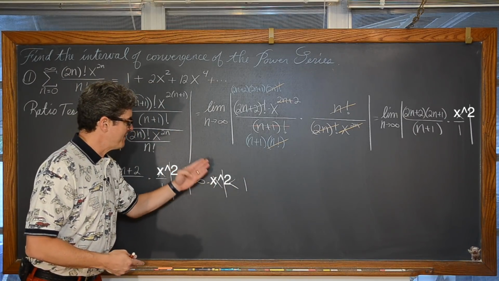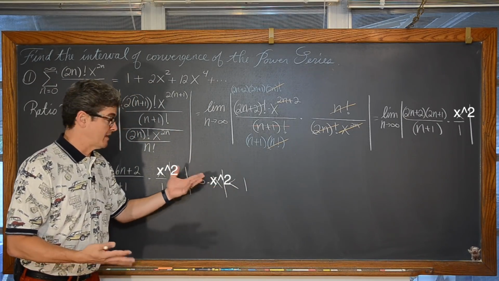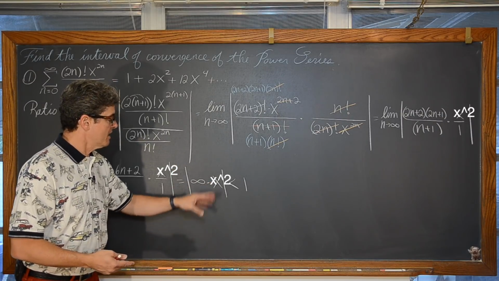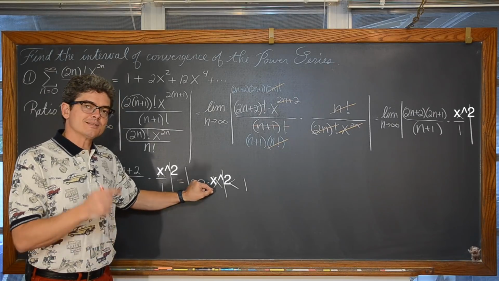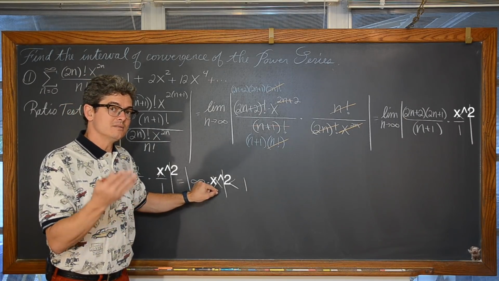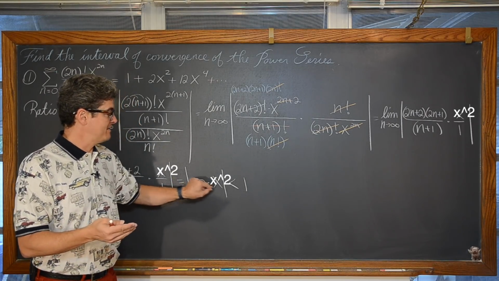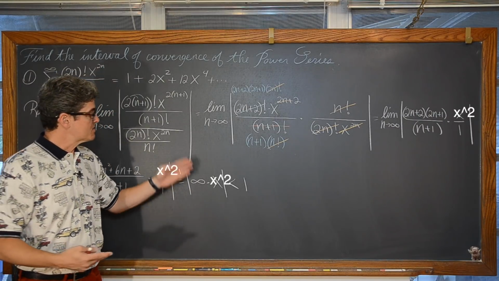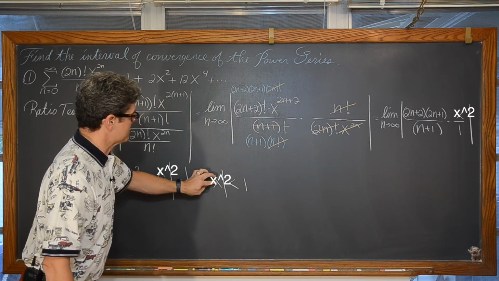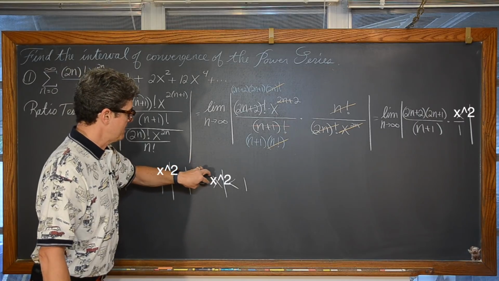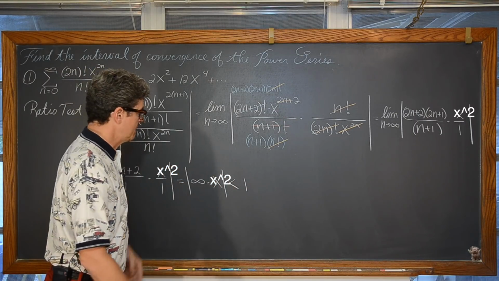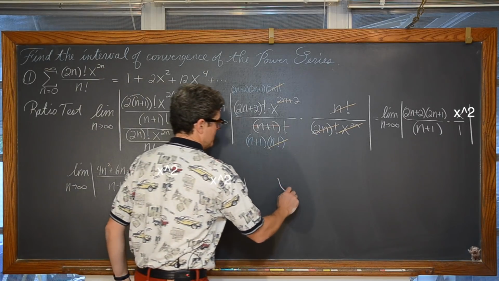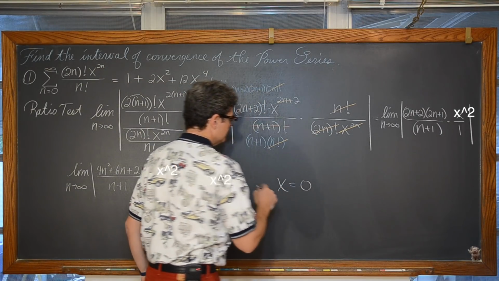Well, if you put any value in for x, that's not equal to what? 0. I mean, 1/10 times infinity is still infinity. So the only value of x that is going to guarantee that the absolute value of this expression is less than 1 is if x is equal to 0.